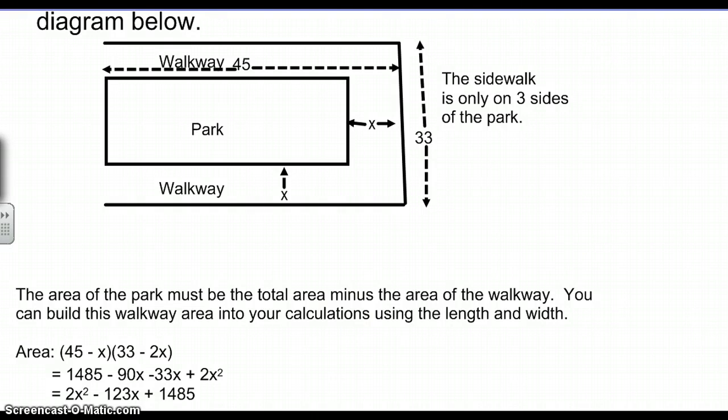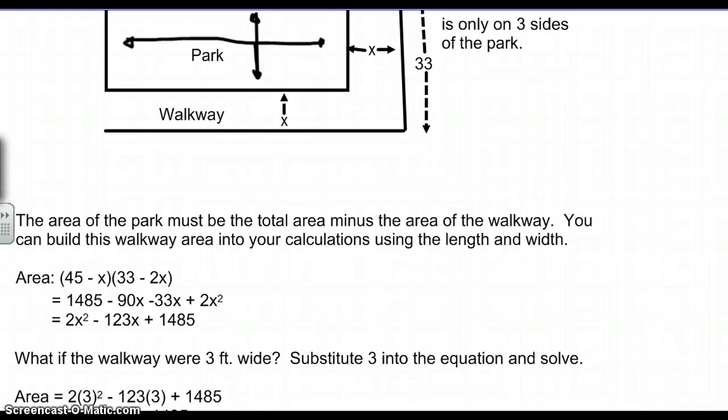In other words, we're looking at this part right here. So we're going to take the 33 and subtract the two x's, and that way you end up with this area. And we also are looking at this width here. That width is going to be the 45, and then you're going to subtract the x that's on the end.